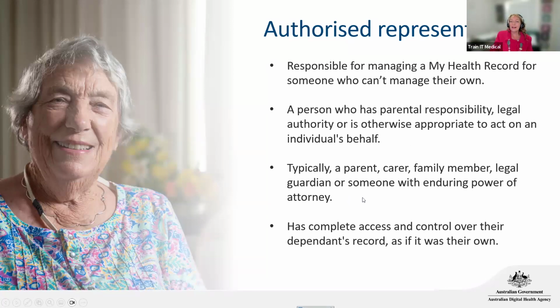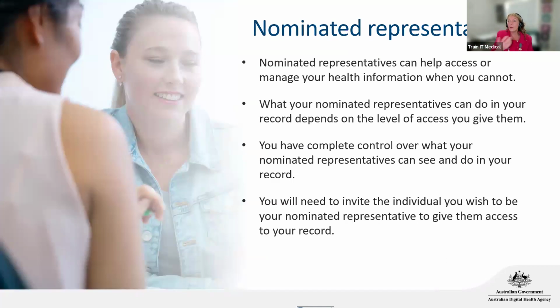And then this is typically what you will have: parent, carer, family member, legal guardian. And as you see, I have complete control over it as I do my own, to access information. And nowhere is this more relevant and more important than the situation you're in.